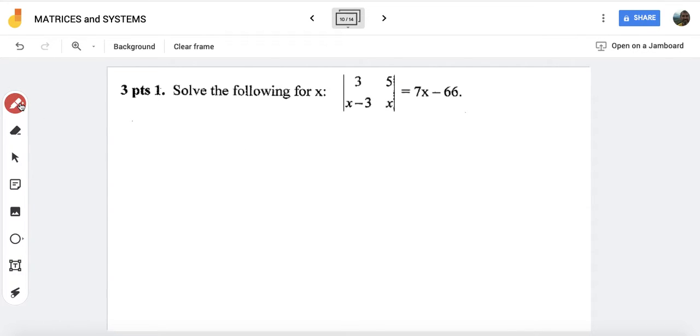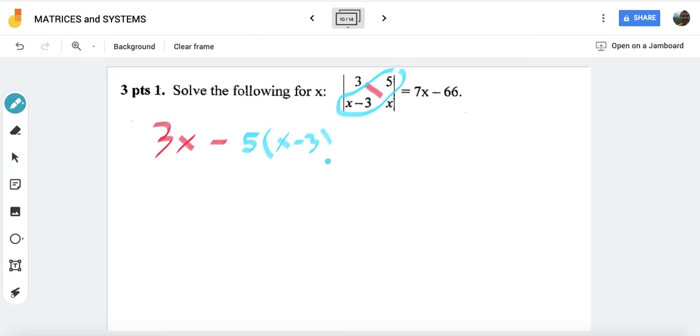And for a 2x2 determinant, all we need to do, I make it sound simple, is these two get multiplied minus whatever these two are multiplied. Okay, so I have 3x minus what I get when I multiply 5 times, so I'm just going to write that out longhand, 5 times x minus 3.